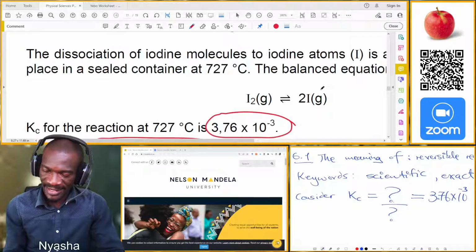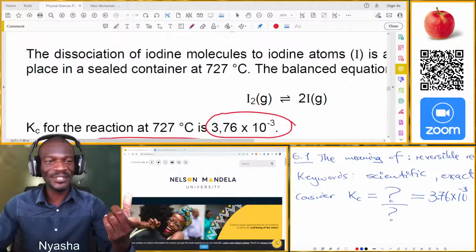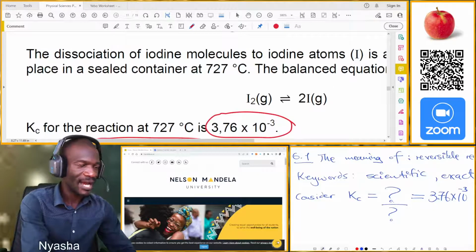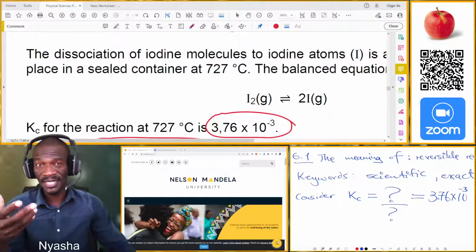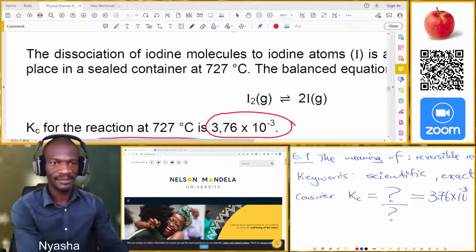This Kc is a ratio. What did we say the Kc ratio is? So I want you to write down the chemical equilibrium constant, the expression or the ratio for the iodine reaction that is on the screen.